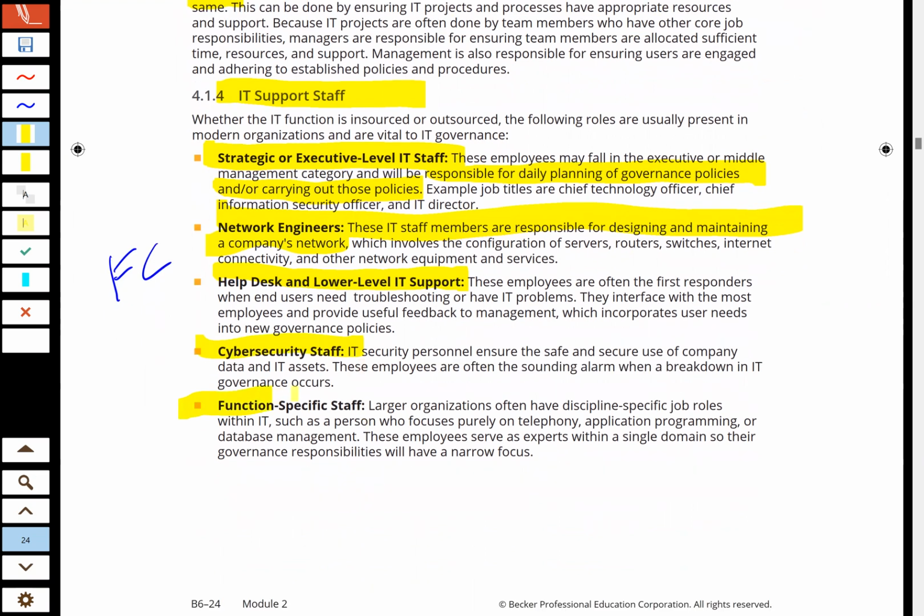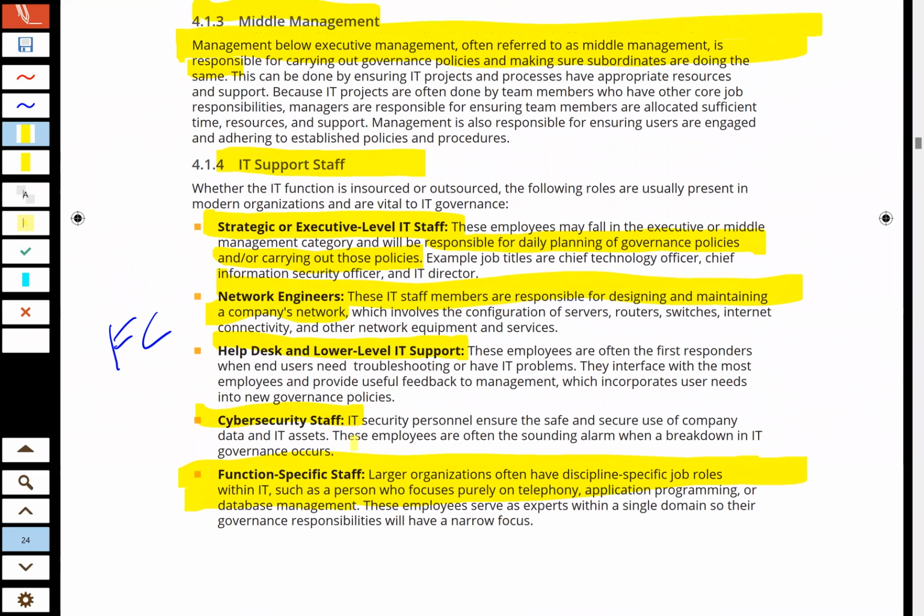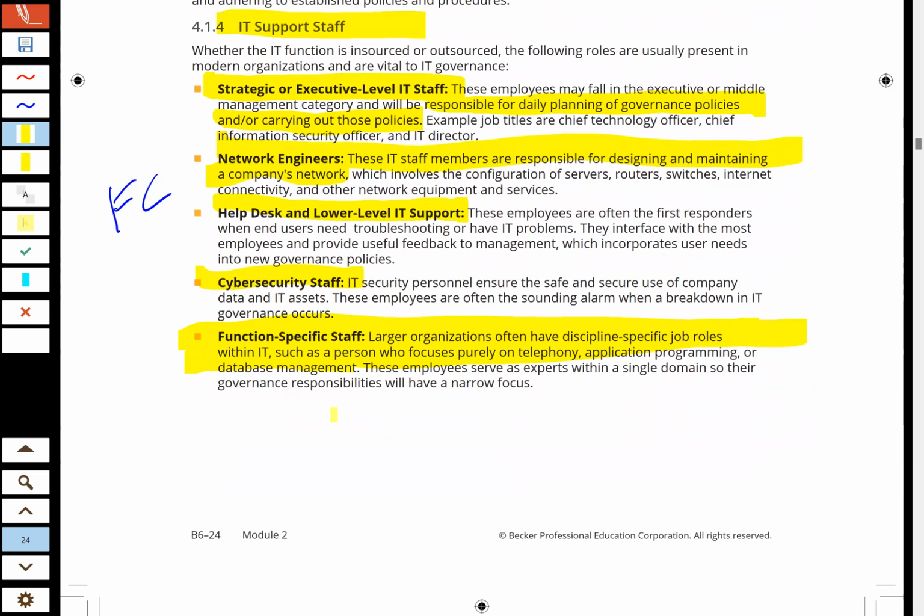And then function-specific staff, and these would be specific roles: telephone, application programming, database management, etc. Okay, so you can flashcard the IT support functions, staff, and you can do that at a high level, and you can provide as much as you think you need to on the flashcards here to make sure you understand what these different pieces do.